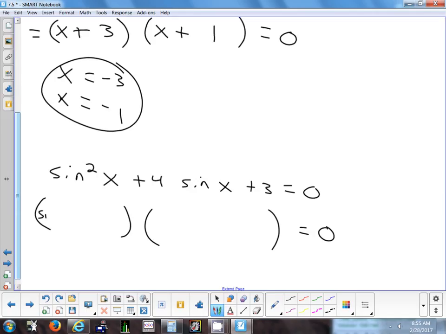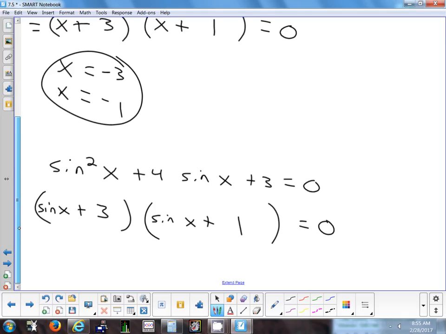Yeah, it would be sine x and sine x. You need a plus and a plus. A 3 and 1. There's nothing different about this than the last problem, other than you're replacing x with the word sine x.